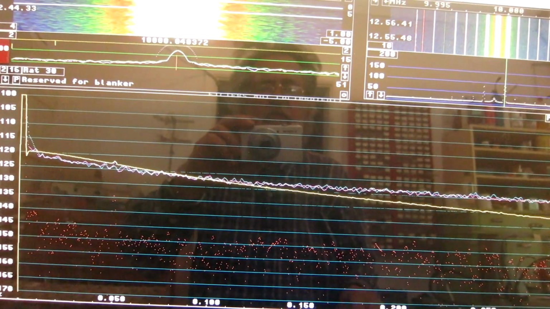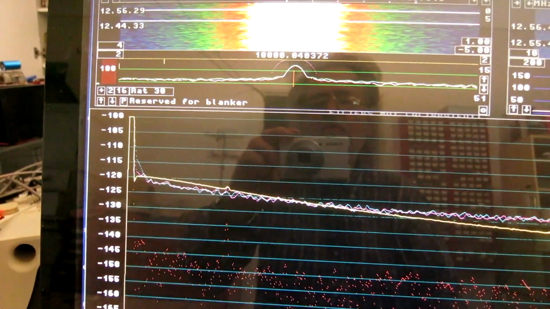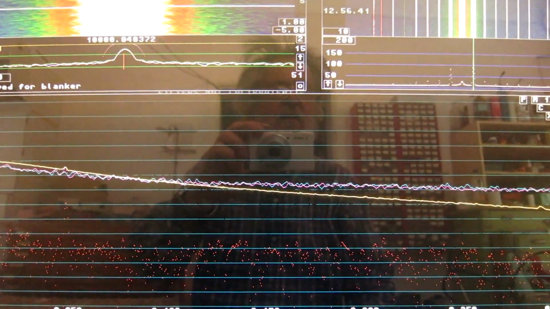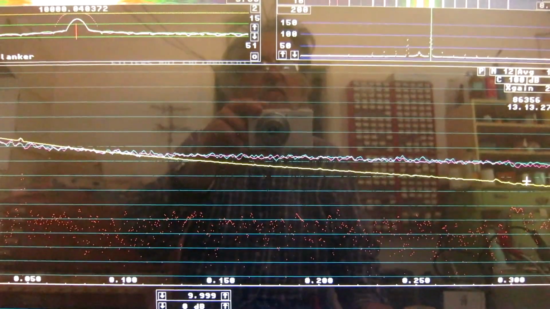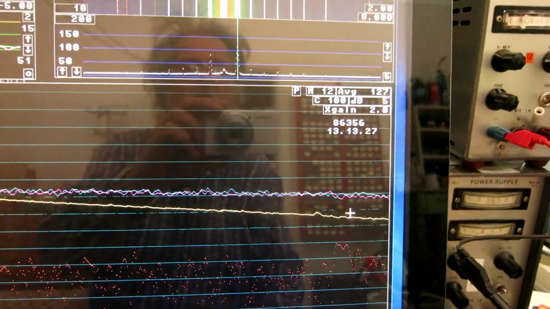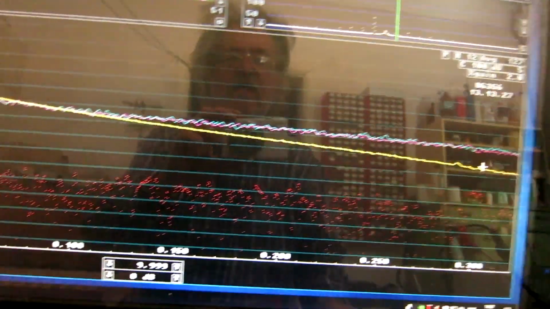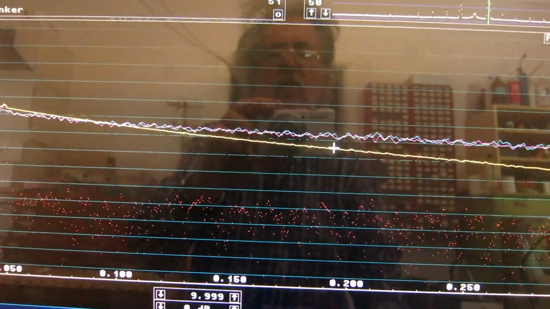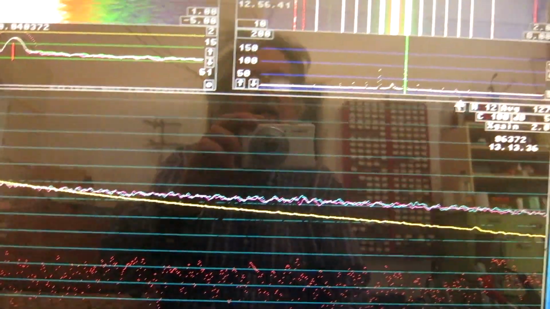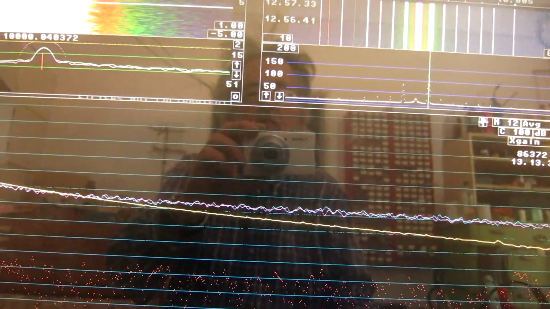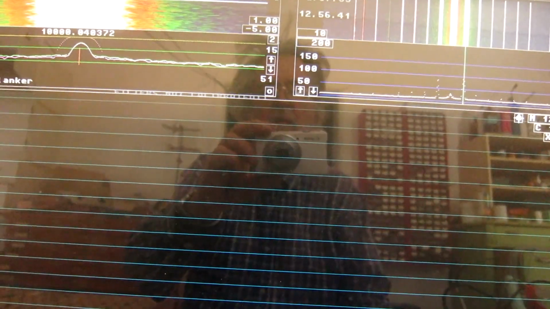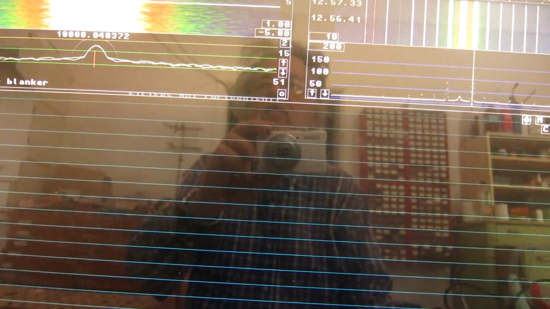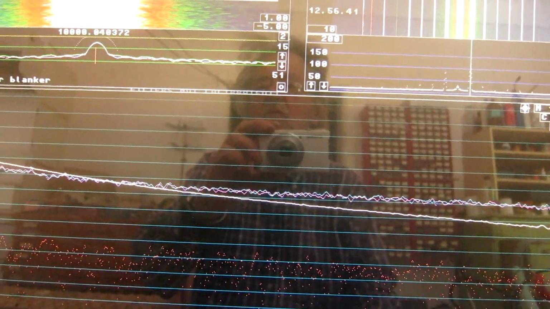And here is what I see, a very smooth curve, and this is the phase noise. It has been running for 13 hours, it was running overnight, and the signal to noise ratio is very good, of course. And I can click here to get the amplitude noise. And here it comes.